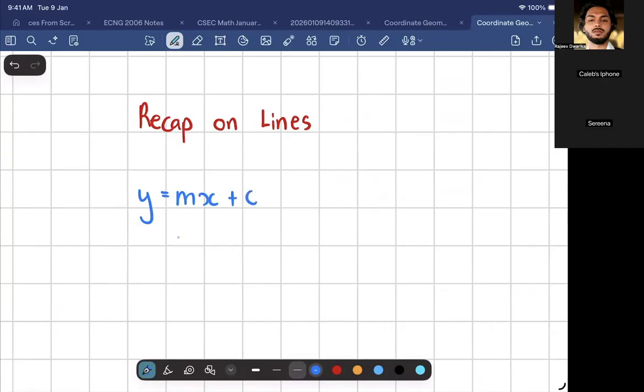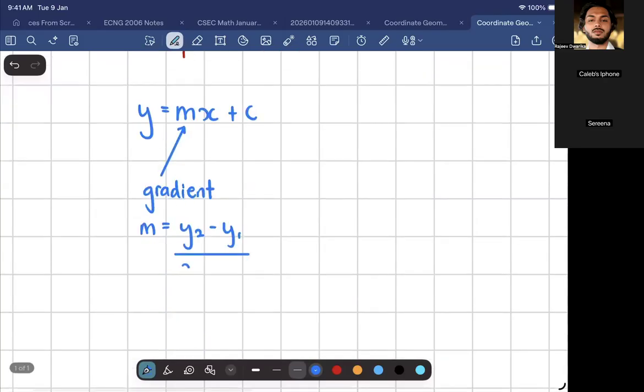Caleb, what does m stand for? I remember this one. Right, so m stands for the gradient. Do you remember the formula for the gradient? y2 minus y1 over x2 minus x1. Excellent. So change in y over change in x.